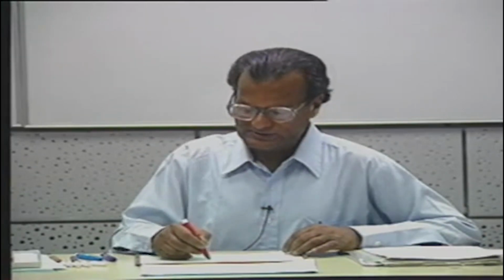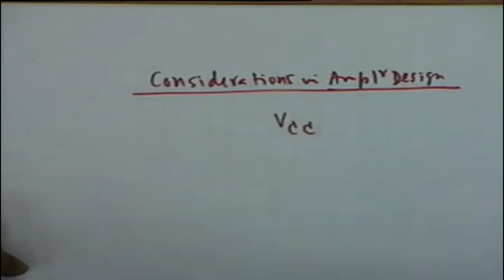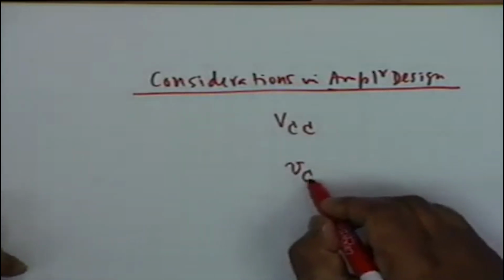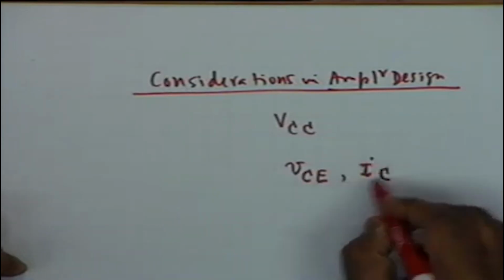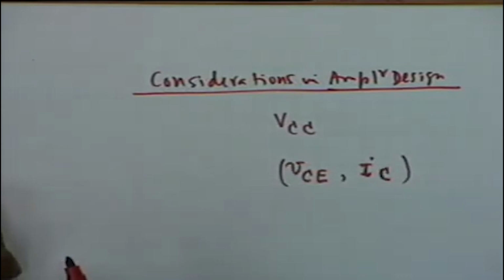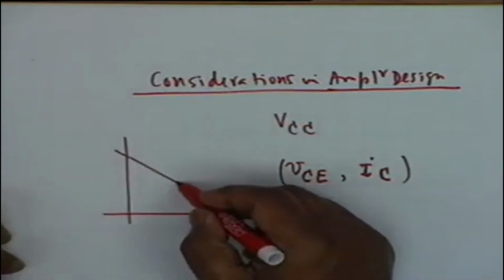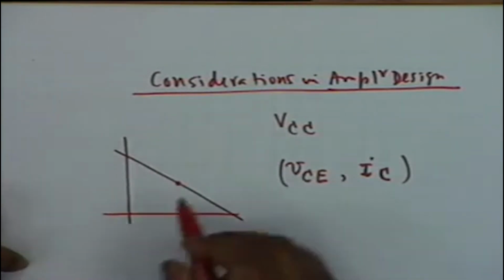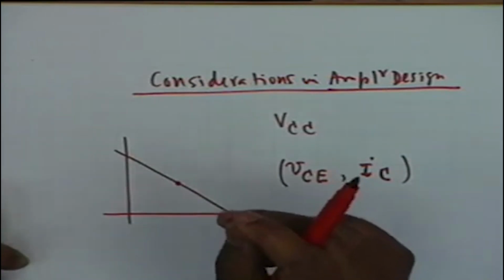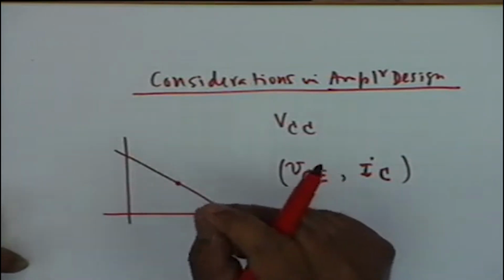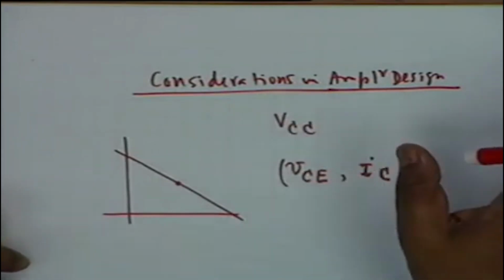That is, your choice of VCC and the resistors used to bias the transistor to a particular VCE and a particular I sub C. These are the 2 points that determine the Q point of the transistor. You remember there was a load line and the Q point was somewhere in the middle. To establish this Q point at an appropriate point in the characteristic is an extremely important task. So the first consideration in amplifier design is its biasing.